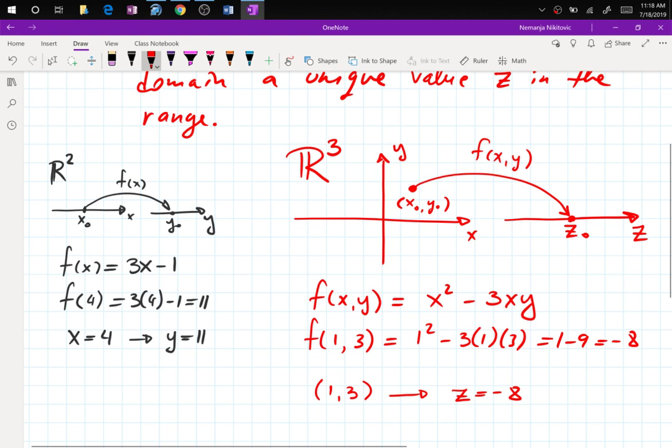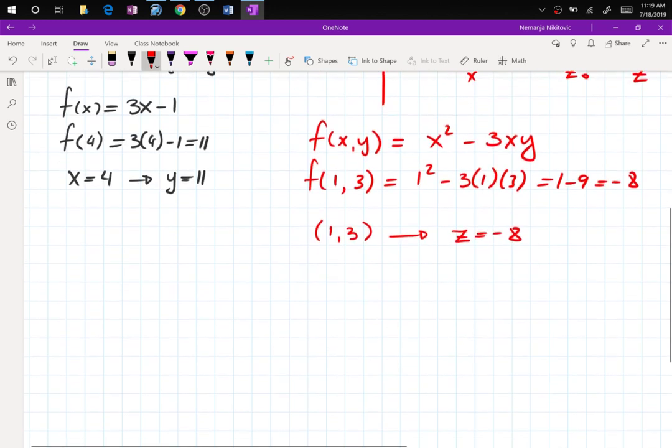Every single point corresponds to the calculation: you calculate the xy variables from the floor in that function, and that will give you the z elevation. So you can calculate the elevation of any point if you know what the function is, and it's done simply by plugging numbers in.